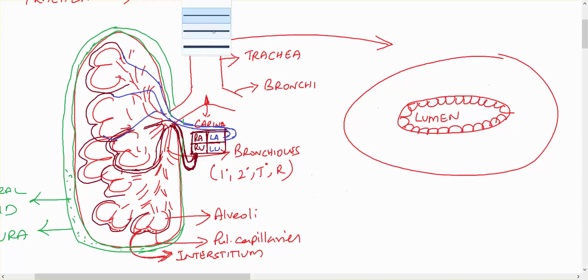This epithelium sits on the basement membrane. That basement membrane is very thick in the trachea.